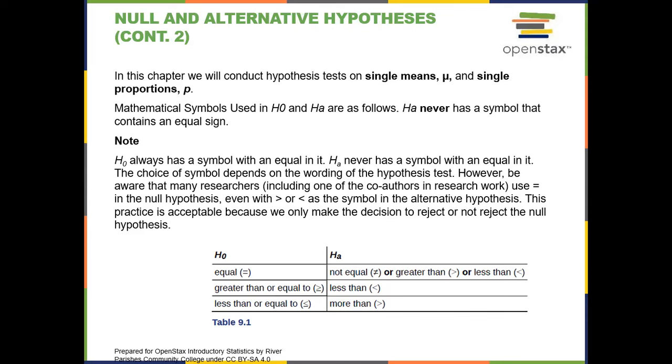Null hypothesis can be greater than or equal to, in that case the alternate is less than. Null hypothesis can be less than or equal to, always an equal to sign in the null hypothesis. Since the null hypothesis is less than or equal to, the alternate being contradictory will in that case be greater than.